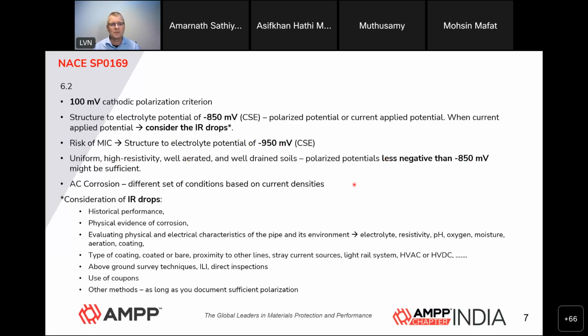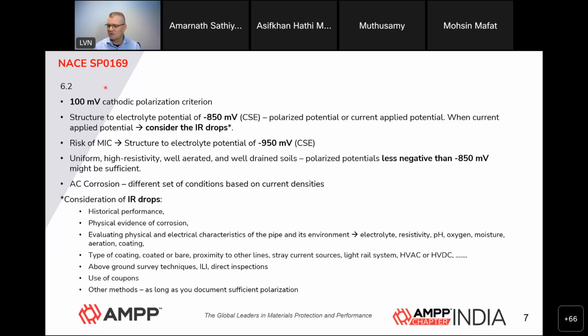So I'm taking the opportunity to draw your attention to this because it brings in a little complexity in when to actually choose one potential criterion above the other. And if you are measuring the on potentials alone, you should do a lot of things in order to justify what is the significance of your IR drop.